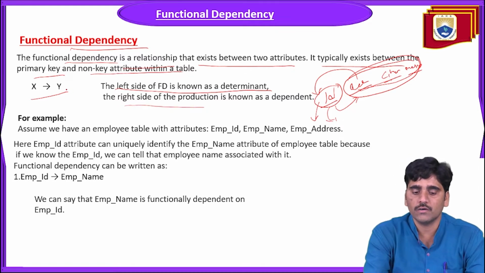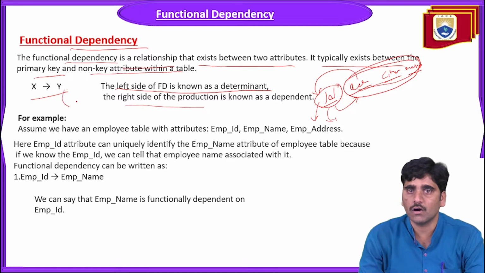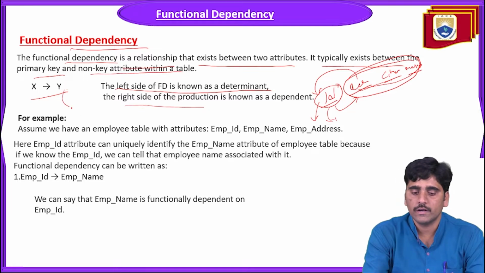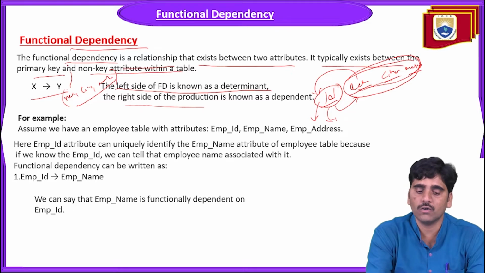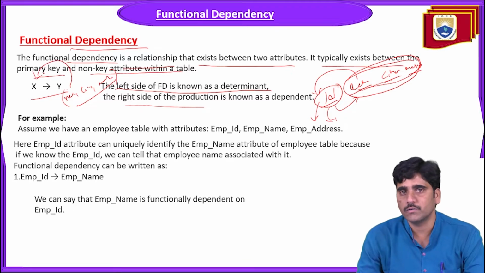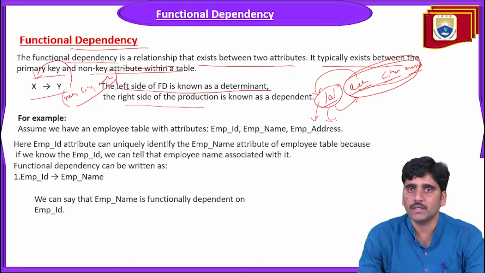That means all the Y attributes, name, city and marks, are the dependent attributes. They depend on the primary key attribute. Without the primary key, without this ID, we cannot retrieve the values of these columns.